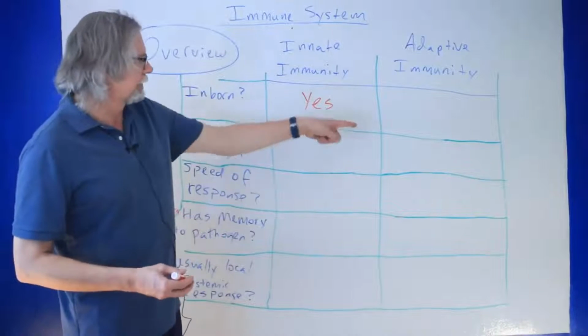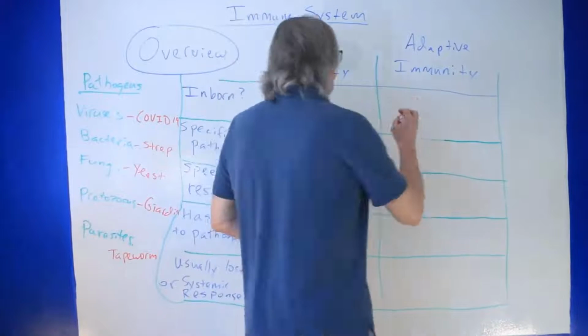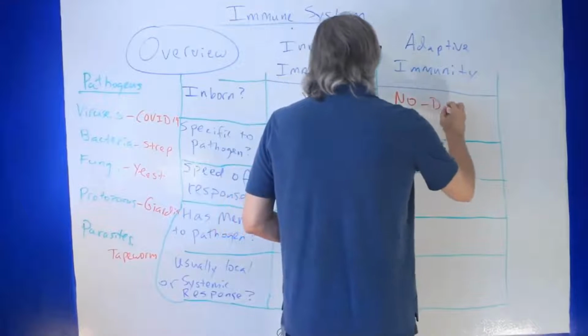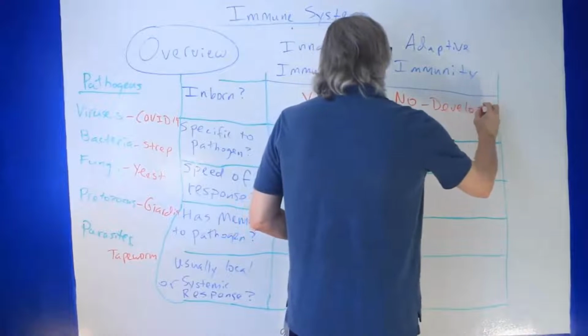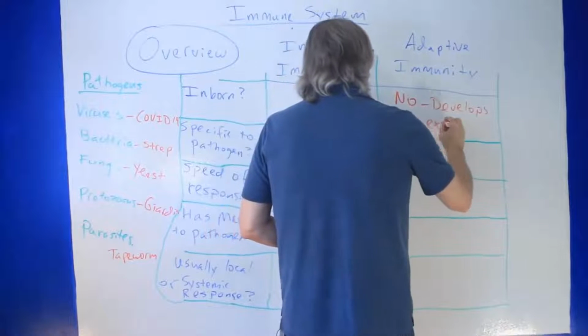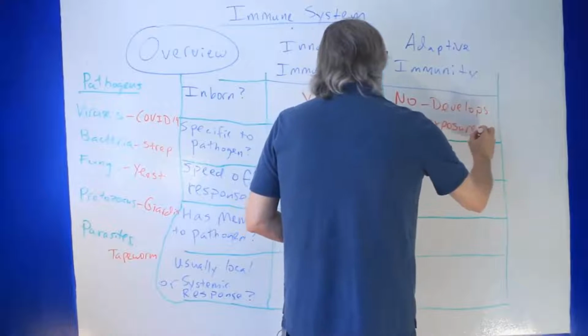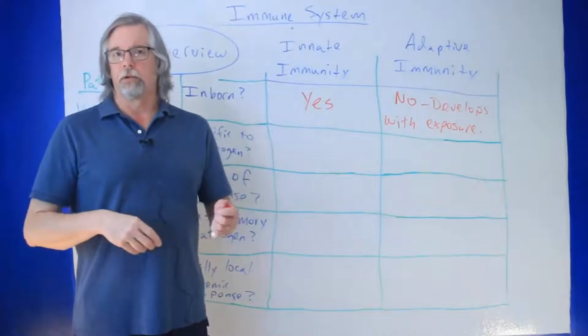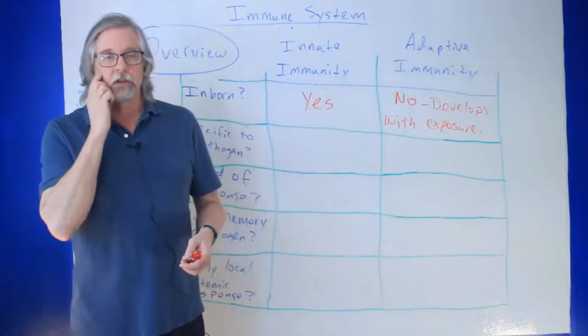Okay? Adaptive immunity, you're not born with. This develops over time and upon exposure to different pathogens. So you don't have it at the beginning, but if you're exposed to something, you're going to develop an immunity to whatever you're exposed to.